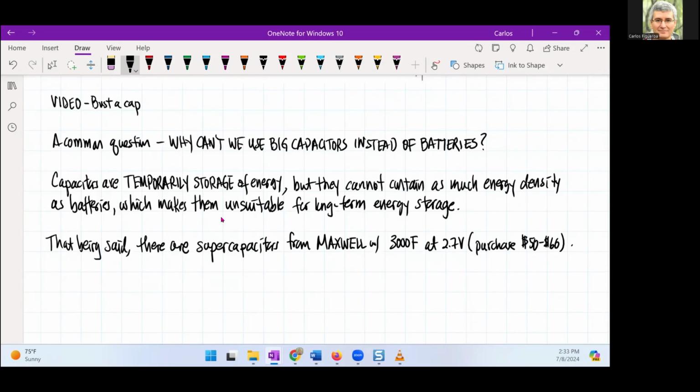Now, what's impressive about these guys is that you have to charge them up with a battery. But once you charge them up with a battery, these can store a lot of energy and release it slowly.